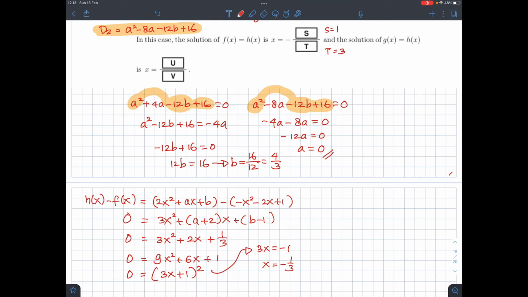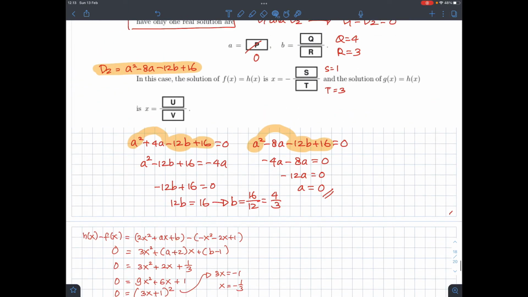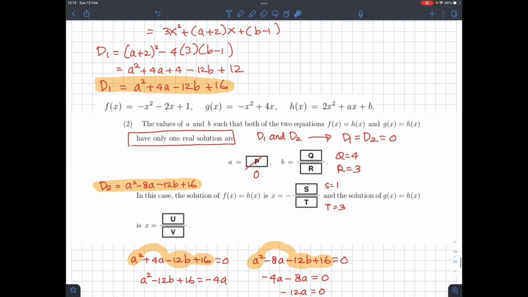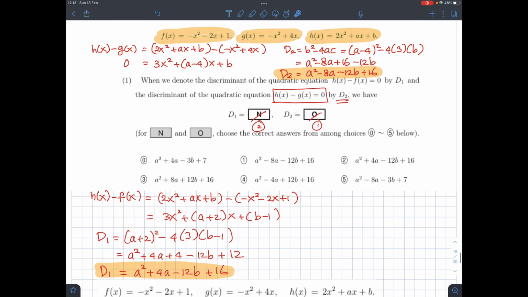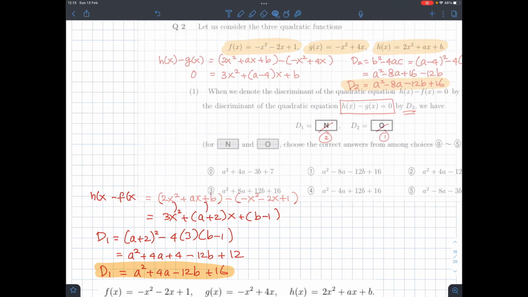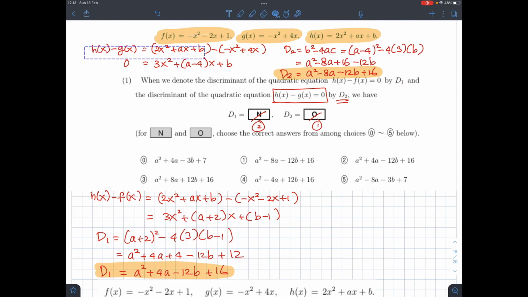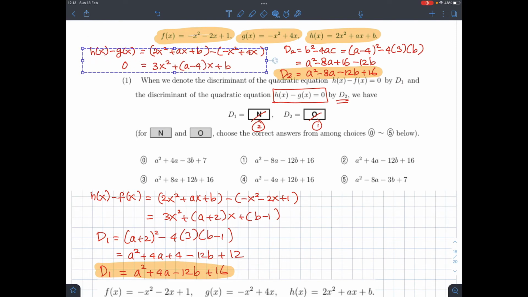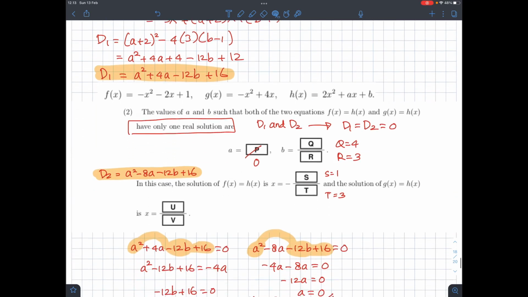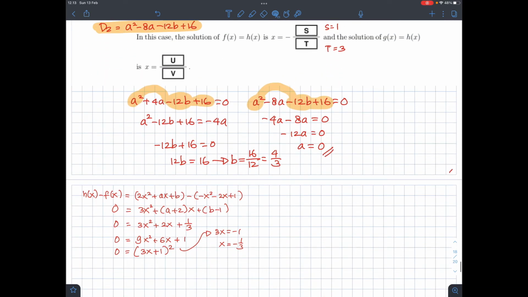I think you just do the same thing to find the next part here. gx equals hx, you just copy from here. hx minus gx, you just copy from here, and you put it here.